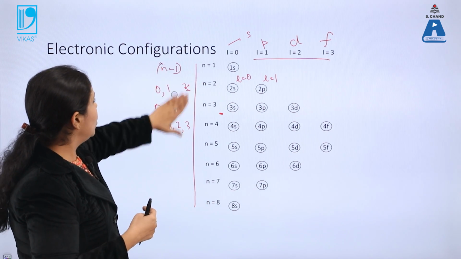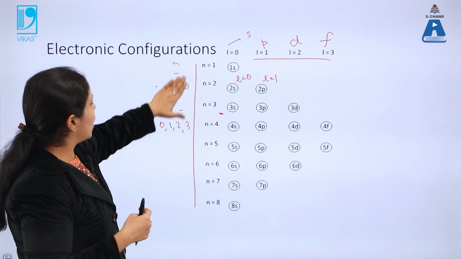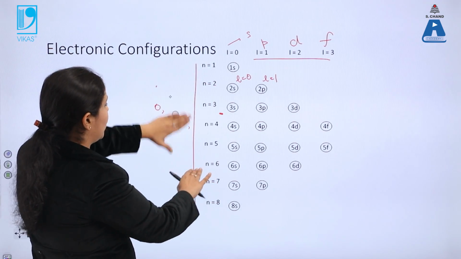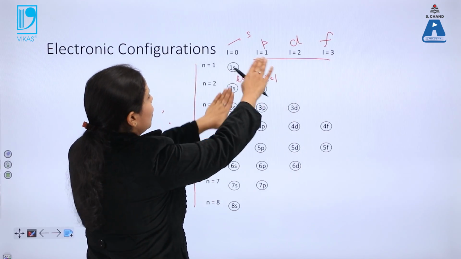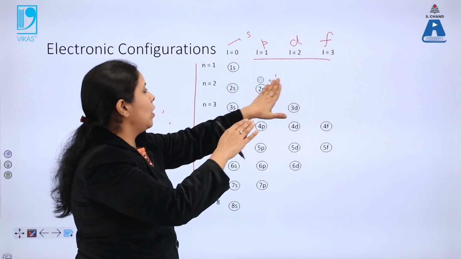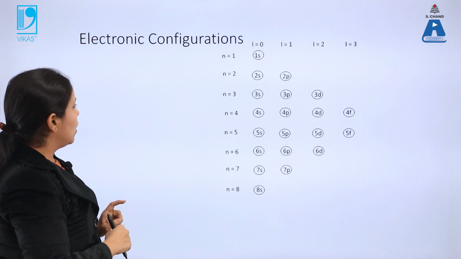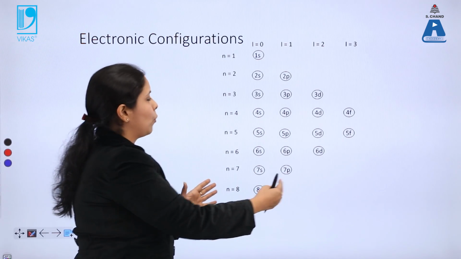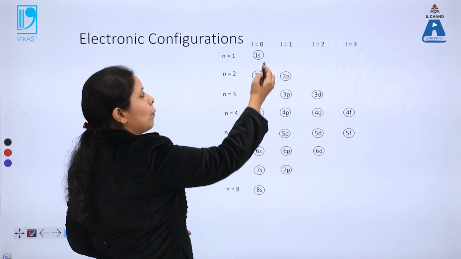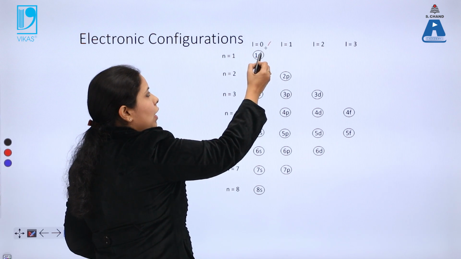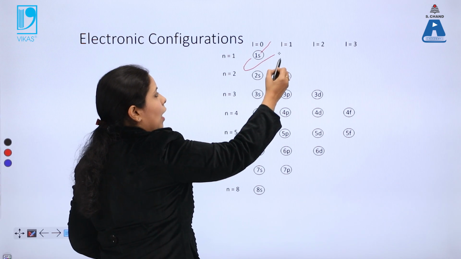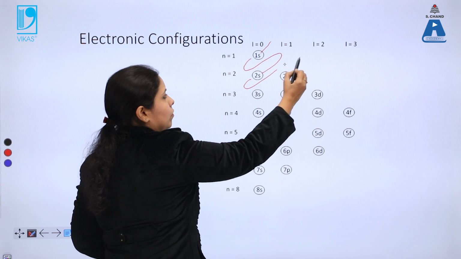As I have told you, this is your principal quantum number defined over here, and these are your azimuthal quantum number or subshells. So how will this energy vary, let's see. This is the same figure which we put over there. We can plot lines like this and draw like this.